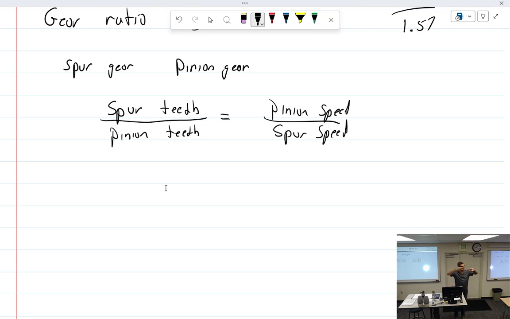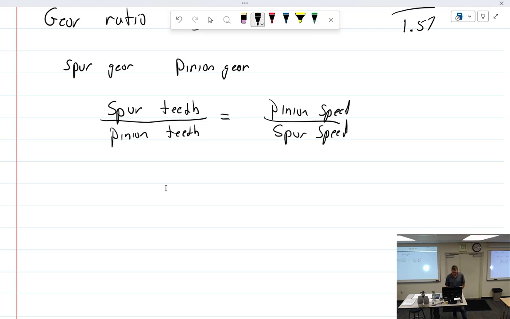See how it's inverted now? If it wasn't, it would be spur, pinion, spur, pinion. But now it's spur, pinion, pinion, spur. It doesn't matter which way you do it as long as they're opposites. Notice in cross multiplying, you're always multiplying the same gear. You multiply the spur times the spur and the pinion times the pinion. You're never multiplying a pinion times a spur. If you can get that right, you're going to be okay.